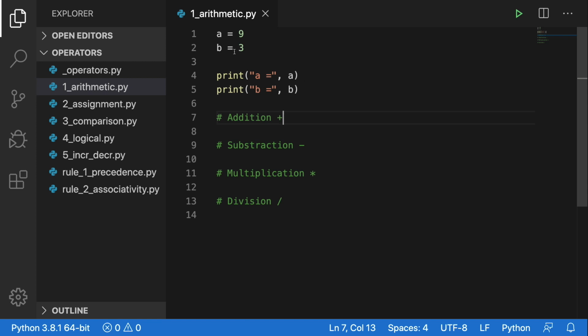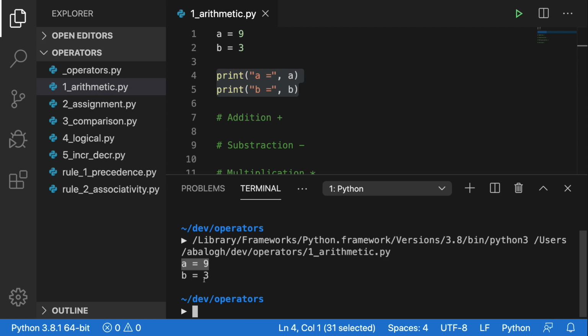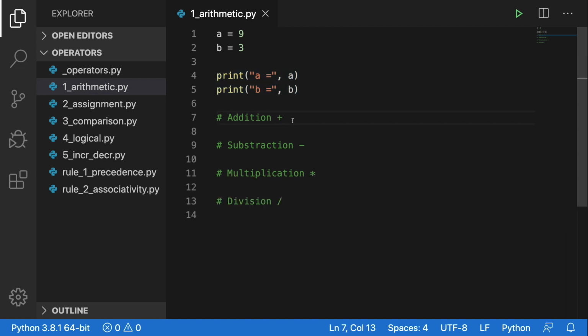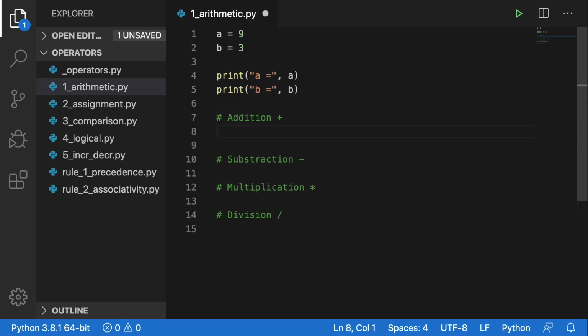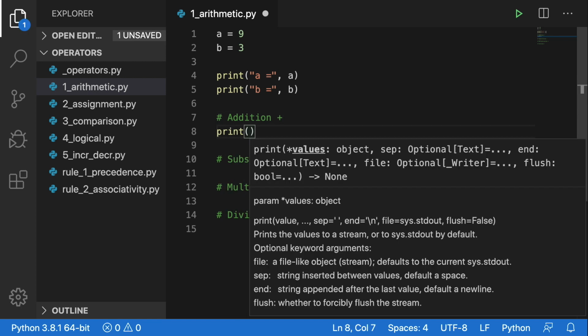As you see, we have two variables and we print them out. We can check the result right now. So a is 9 and b is 3. Okay, so the addition operator. I will print out the expressions actually.